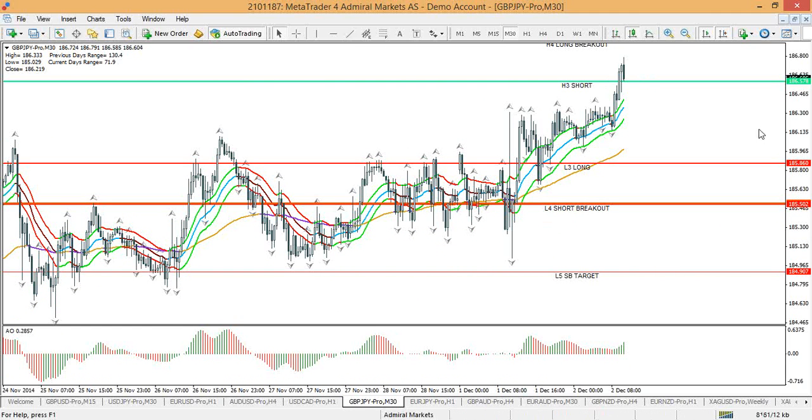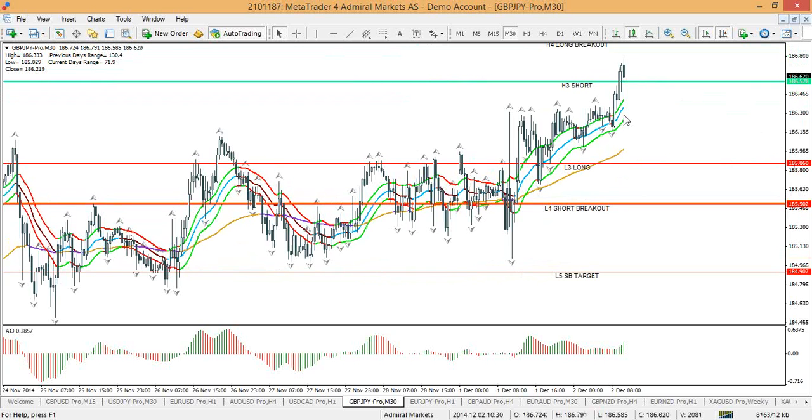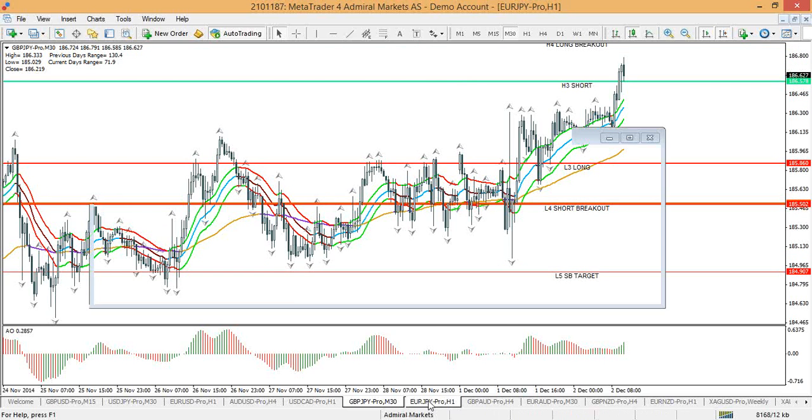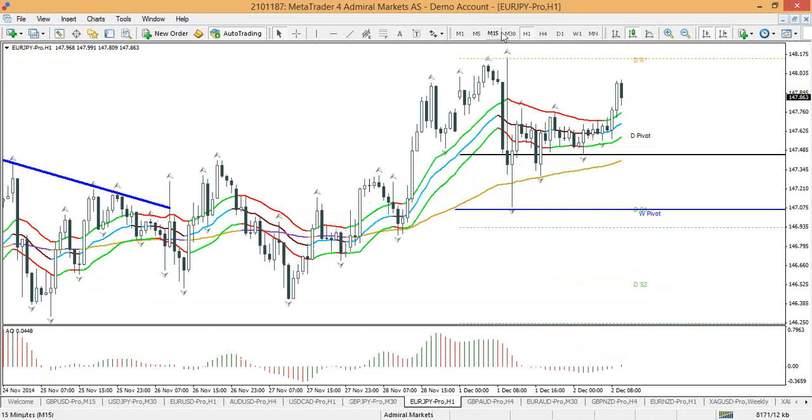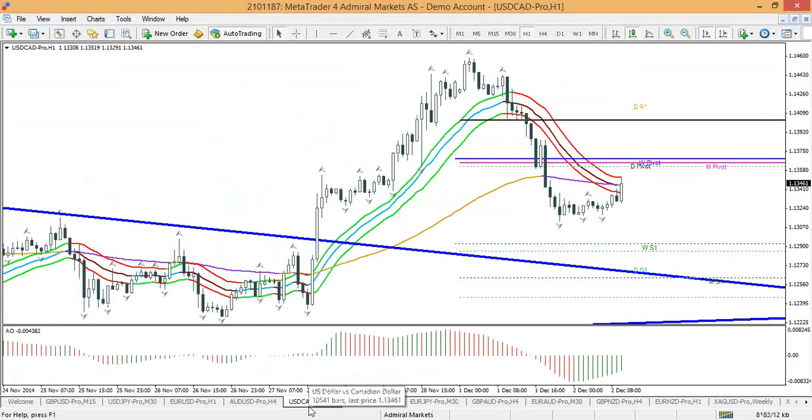You can keep an eye on the Kimberella, of course, logically, to see if there's any pullback to the L3 or to the moving averages, and it could still be a bouncing spot. Let's take a look at the Euro yen. That's still stuck in a range. Dollar CAD has a lot of pivot points above it, so not interested either way on this one.